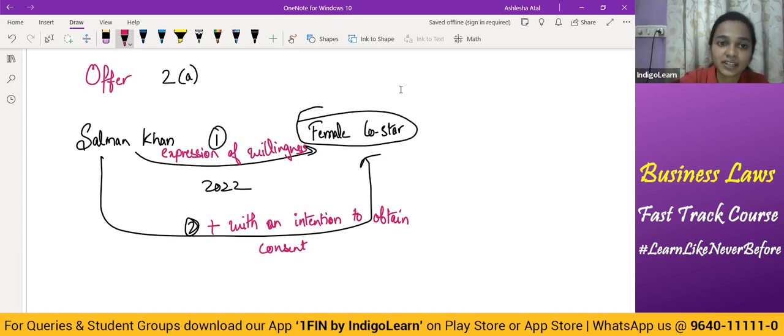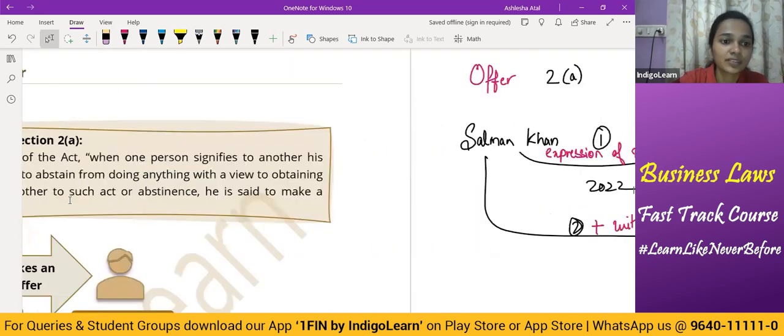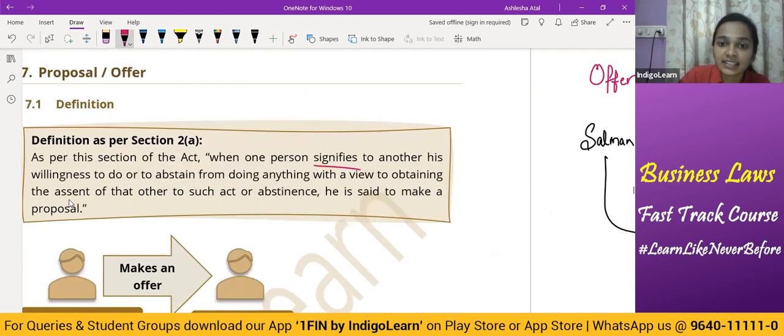So let's have a look at the definition of offer now. When one person signifies to another his willingness to do or to abstain from doing. So when an offer is made, it can be either to do something or not to do something. Abstain from doing means not to do something.